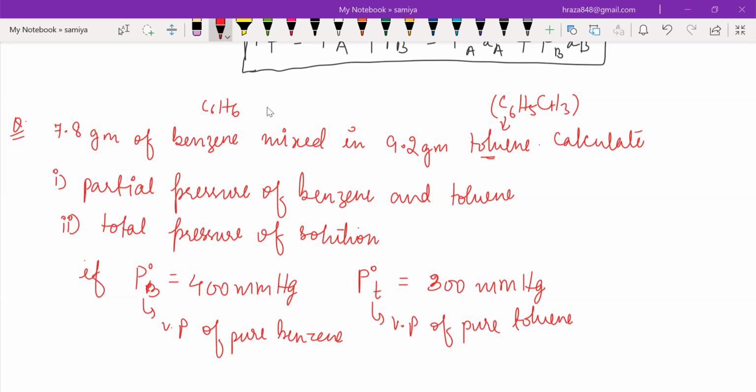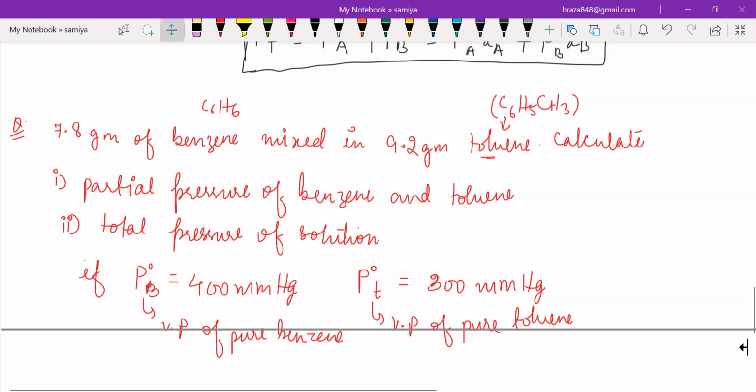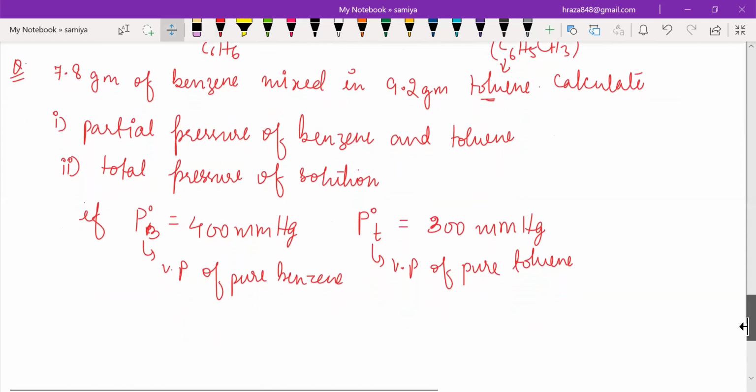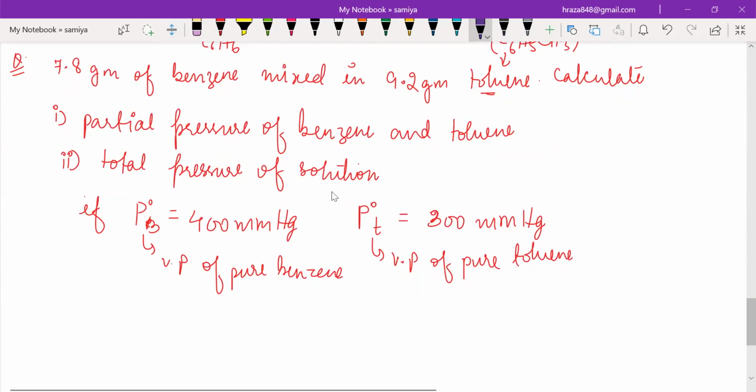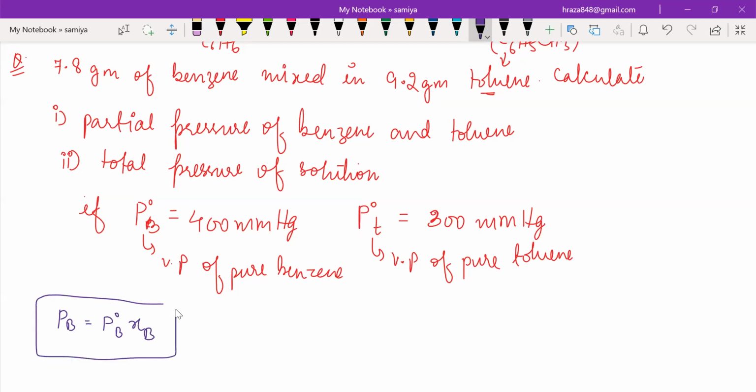How to solve? Very good question. No problem. See, it's a very important topic. We need to calculate the partial pressure of benzene. So the partial pressure of benzene will have the formula, pure pressure of benzene into mole fraction of benzene. And the partial pressure of toluene will have the formula, pure pressure of toluene and mole fraction of toluene.